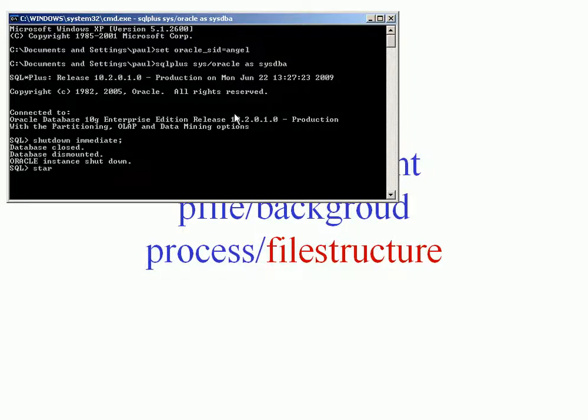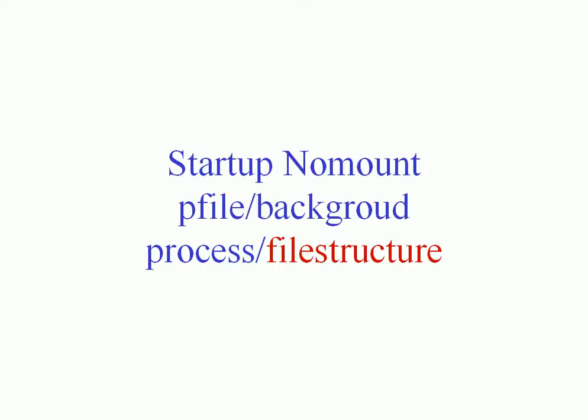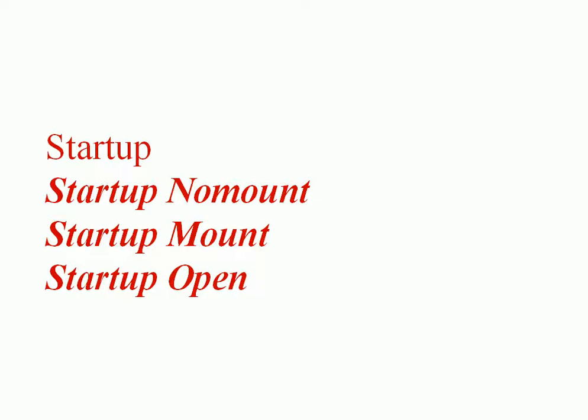Now when I press the command startup, this is called a normal startup. The first state the database goes through is called nomount, and then it takes the values from the database parameter file or the server parameter file.